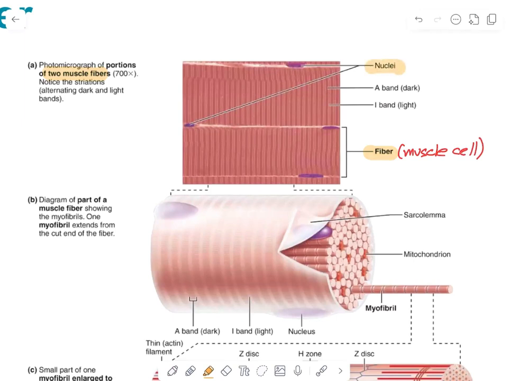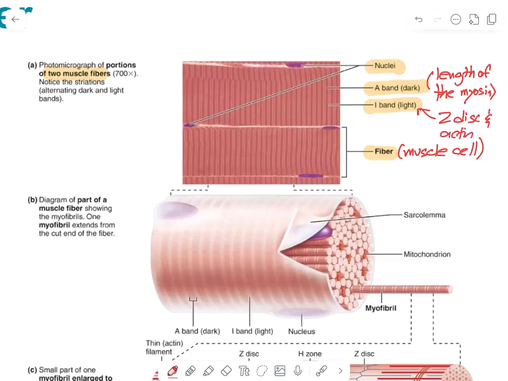And the bands that you see under a microscope would be a dark band and a light band. The dark band would be the length of the myosin, and the I band would be the Z disc and actin.